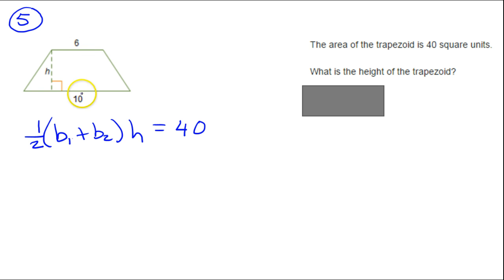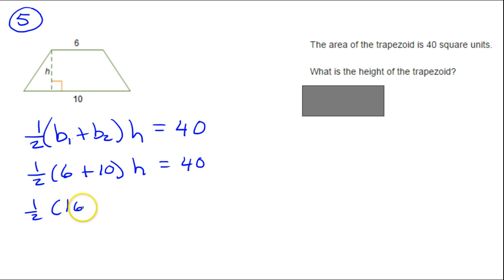But we also know both of the bases. So we know that 1/2 times 6 plus 10, that's my base 1 and base 2, times the height, should equal 40. Okay, 6 plus 10 is 16. Half of 16 is 8.